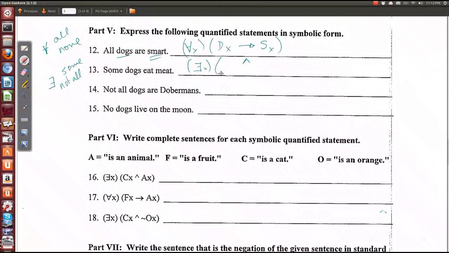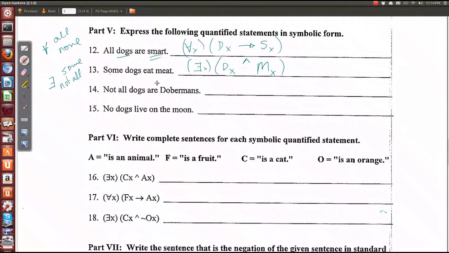So I'm saying they are a dog, so my predicate is a dog, X is a dog, and I need someone who eats meat, so my predicate is eats meat, and we're saying that X eats meat. So anytime I've got a universal, I want to use a conditional. Anytime I have an existential, I want to use a conjunction.